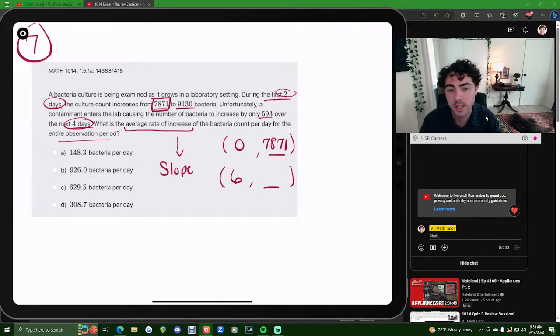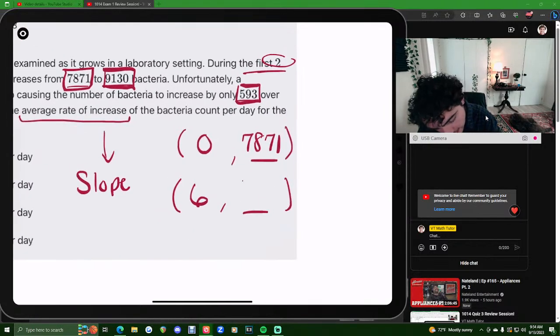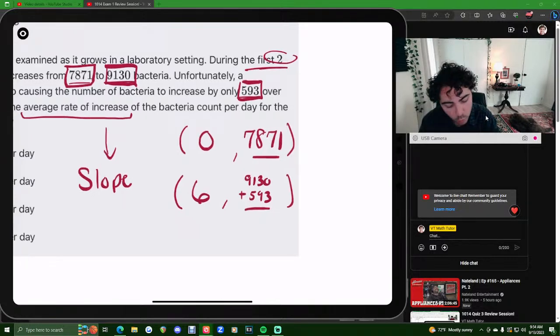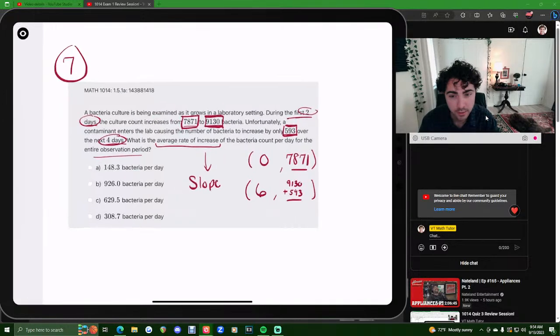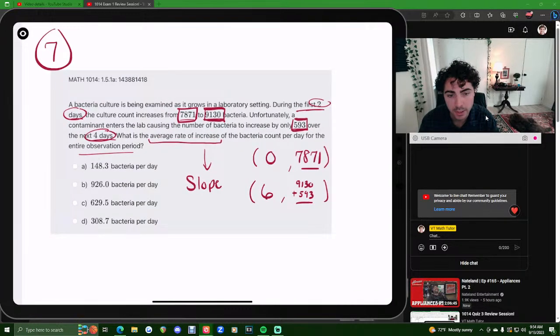It's the starting culture count, starting y value, whatever. It increased to 9,130 over the first 2 days. But then after that, it also increased by 593. So whatever the result of adding these two values is would be our ending culture count, like our final population, I guess.